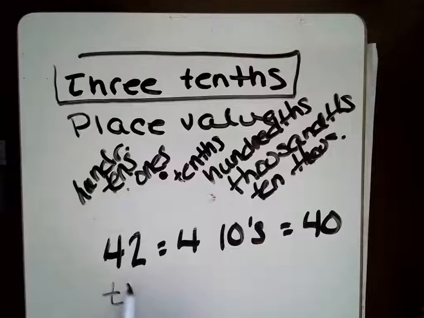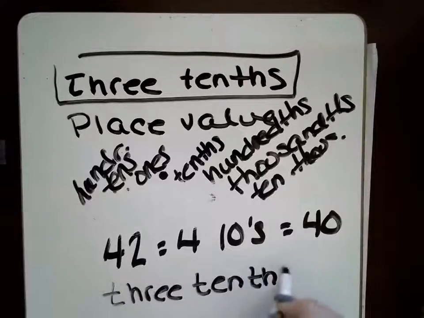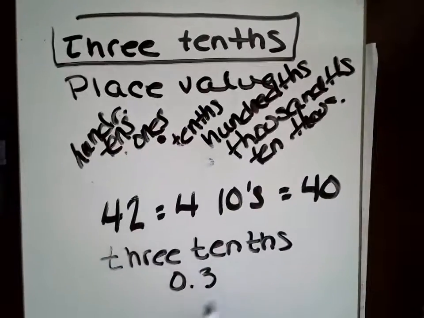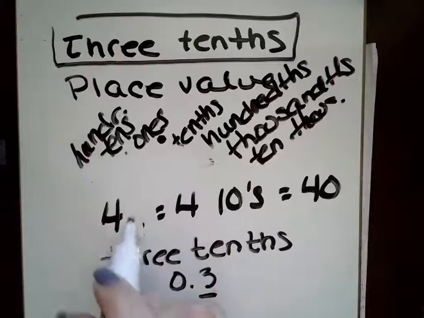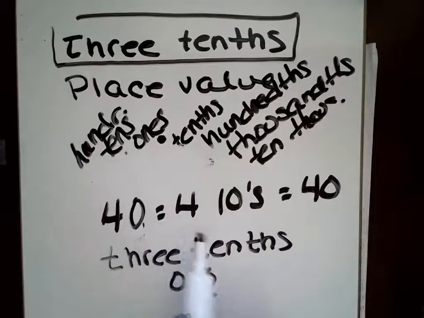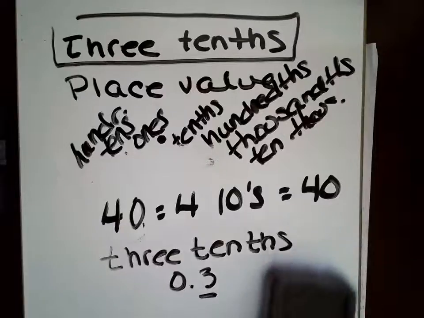So 3 tenths is 0.3. The 3, because this is in our tenths place. So it's saying we have 3 things in that tenths place. Just as if we have 40, it says we have 4 in the tens place for 40. Here we have 3 in the tenths place for 3 tenths.